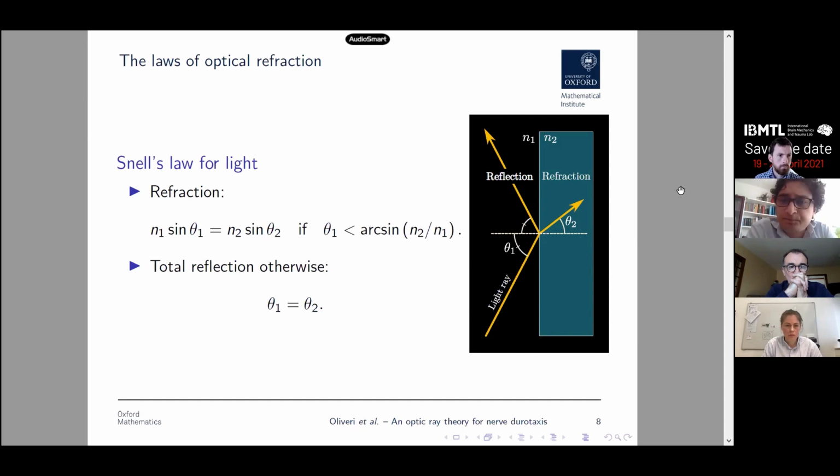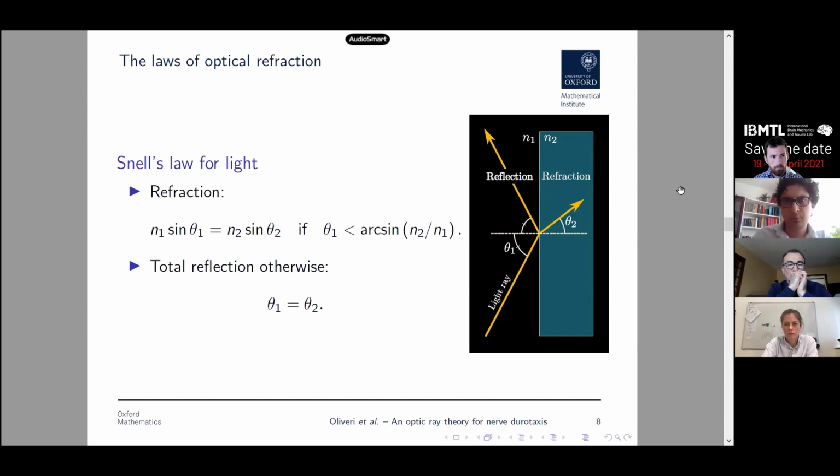It can be totally reflected if the angle with respect to the normal is large enough, or it can be refracted, and by doing so, it obeys the law that I've written here, called Snell's law, which says that n1 sine theta 1 is equal to n2 sine theta 2.